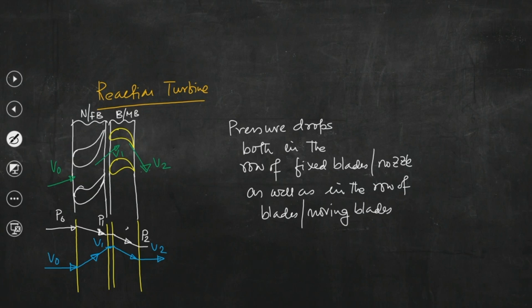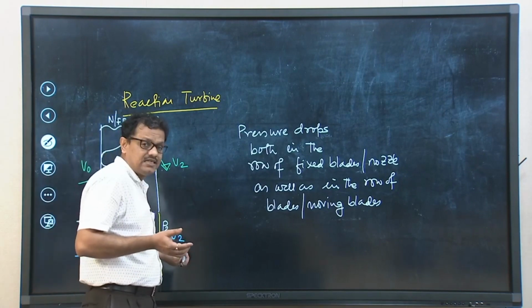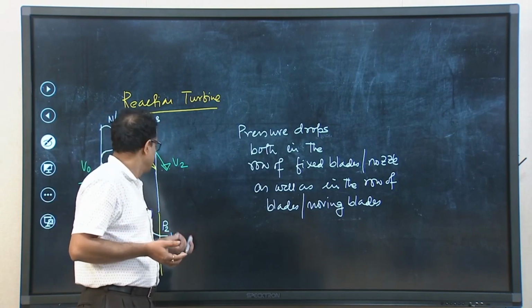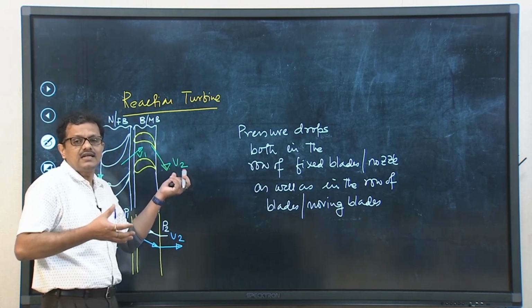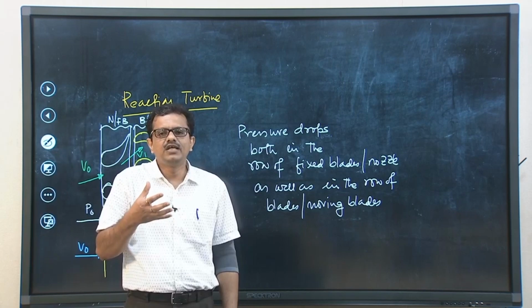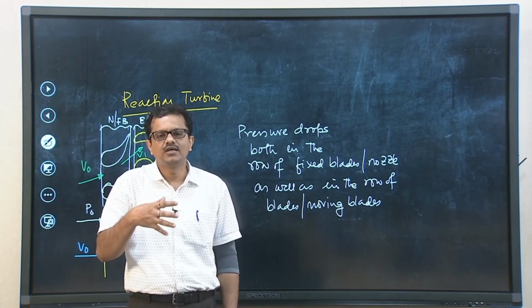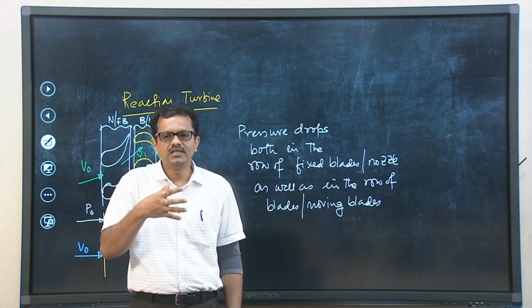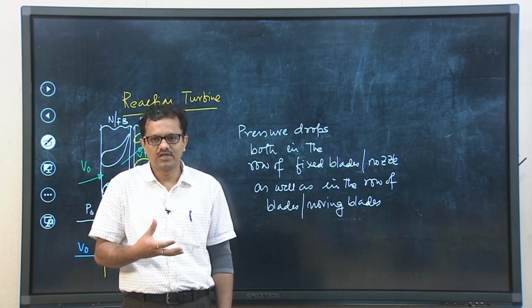It is because of this drop in pressure that there will be a little gain in kinetic energy of the exiting jet from the row of moving blades, and that kinetic energy will give rise to a reaction force in the opposite direction. So, the wheel will rotate due to this impulsive effect as well as due to the reaction force, right.